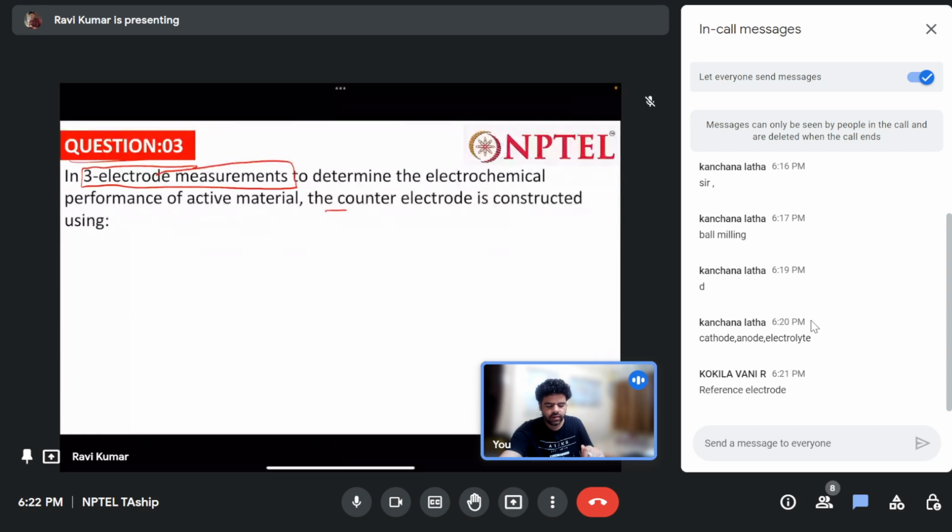So counter, reference, and... okay, it's fine. These are the options. You just tell me the counter electrode is constructed with what material? And the third electrode name will be here only in the answer.